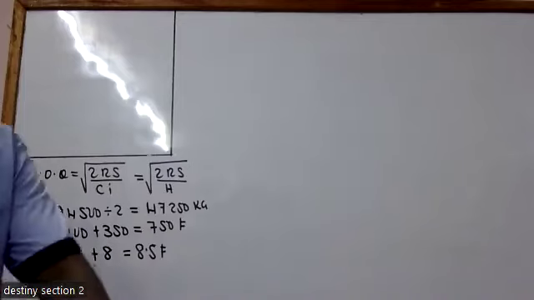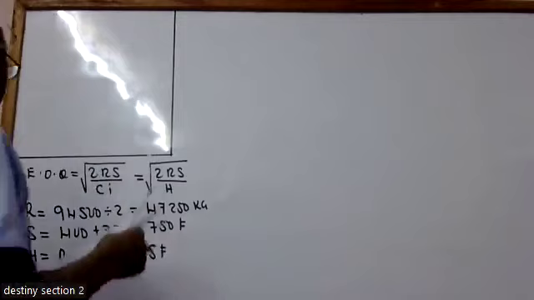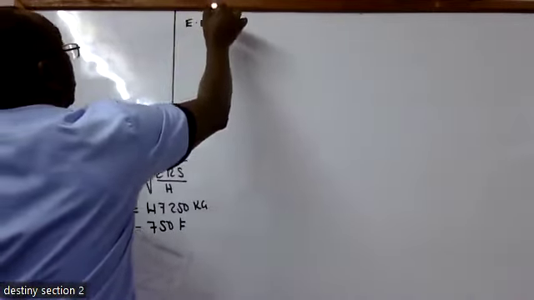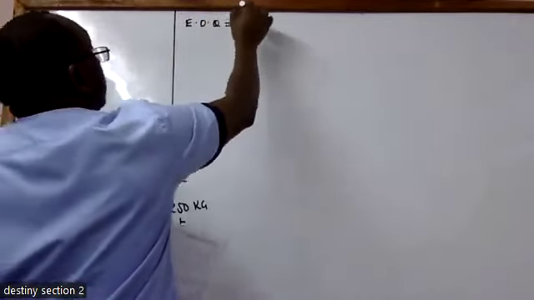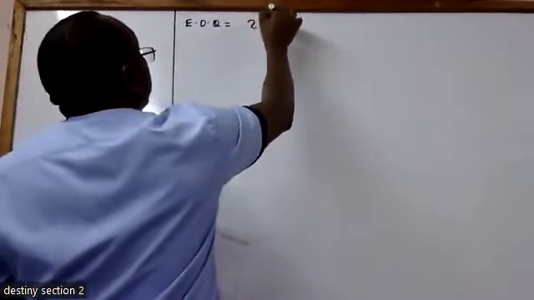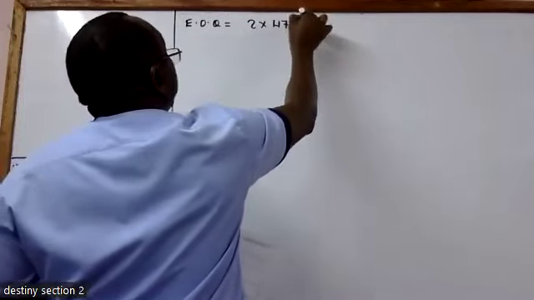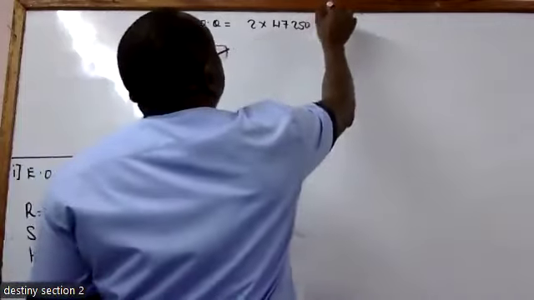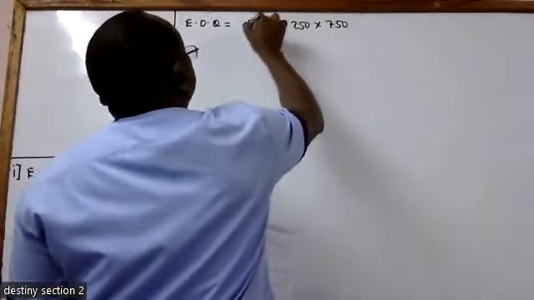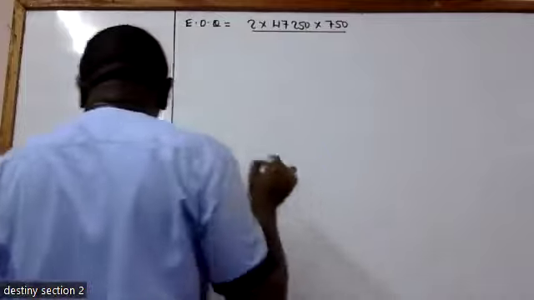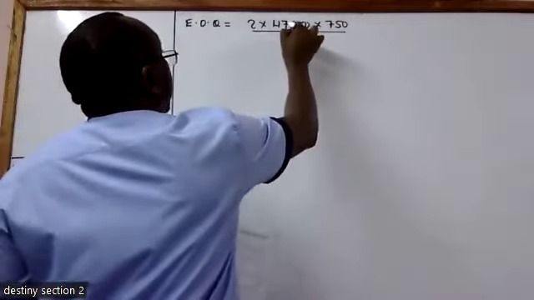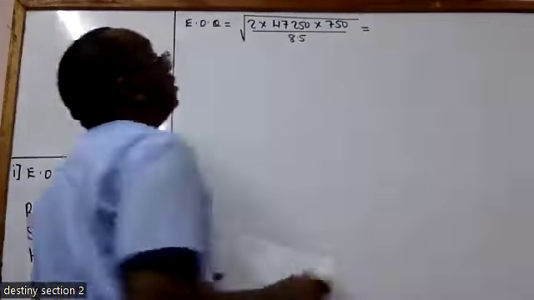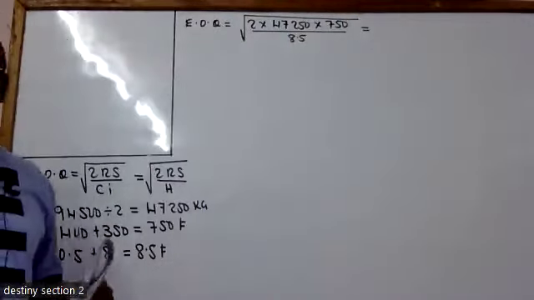So if we are good to go, then I come here and say my EOQ will be the square root of 2 times 47,250 times S, which is 750, divided by H, which is 8.5. You get the square root of that.